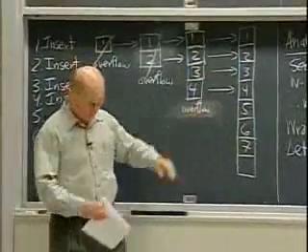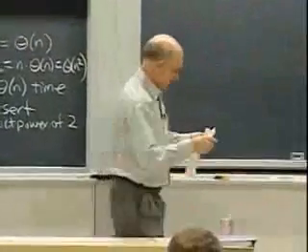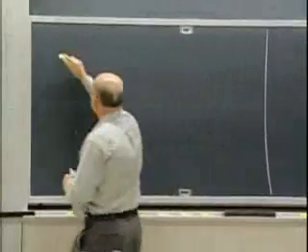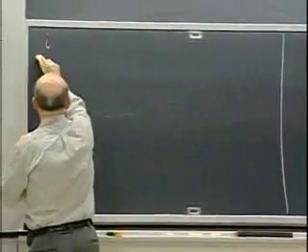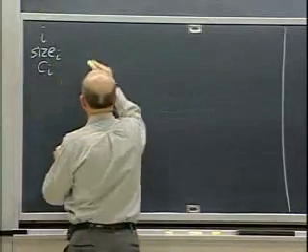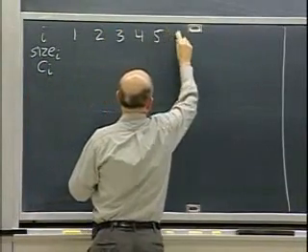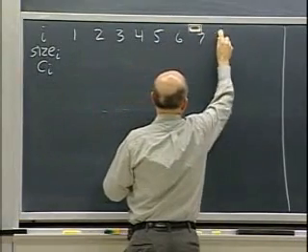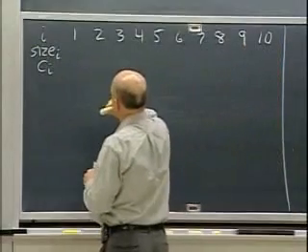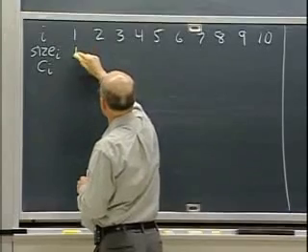So everybody see that? So let's actually make a little table here so we can see this a little bit more clearly. Okay, so we're going to have I, and then the size of the table at step I, and the cost at step I. Okay, so the size at step 1 was 1.